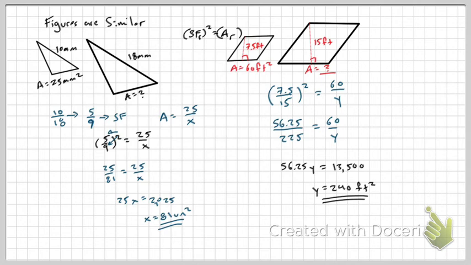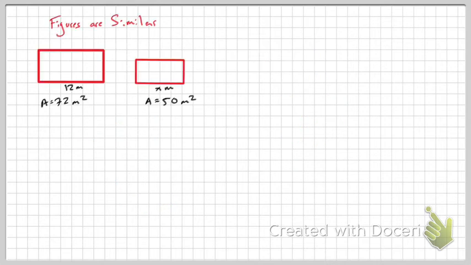So let's now switch up what we are solving for. Now I'm giving you two similar figures, but in this instance, we are going to find a missing side length. So there's a little bit more math involved with this, not too much, pretty simple.